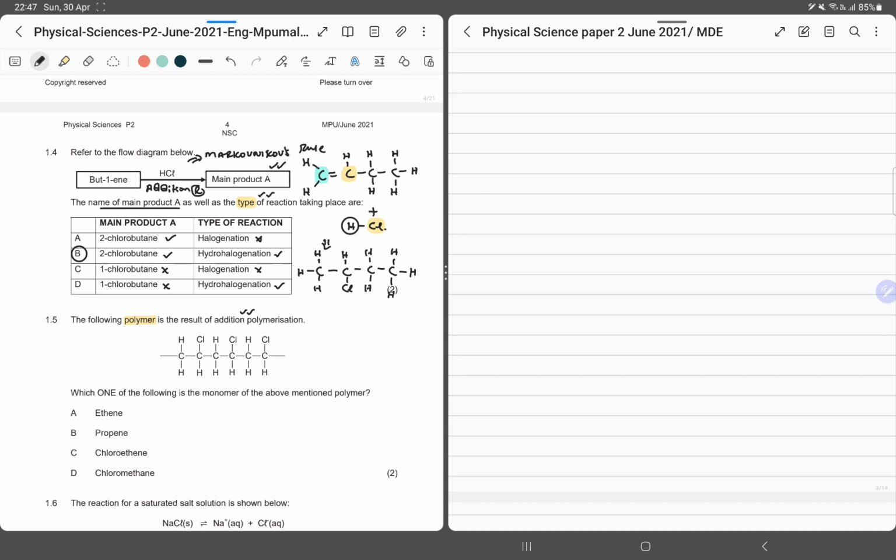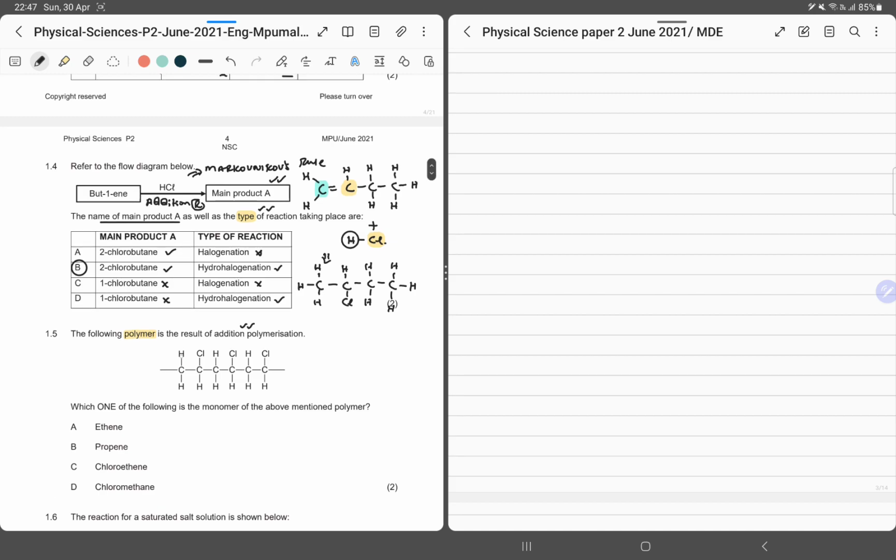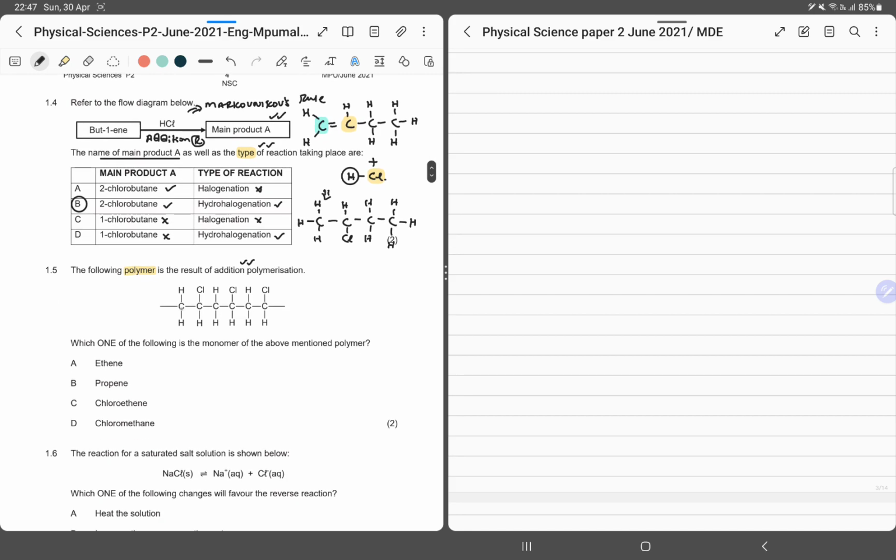So it's an even number, so we can divide it into 3 carbons, or we can divide it into 2 carbons. What will guide this is the repetition of a particular pattern. If we're saying the monomeric form has 2 carbons, what do we notice about these 2 carbons? There's a chlorine and 3 hydrogens.